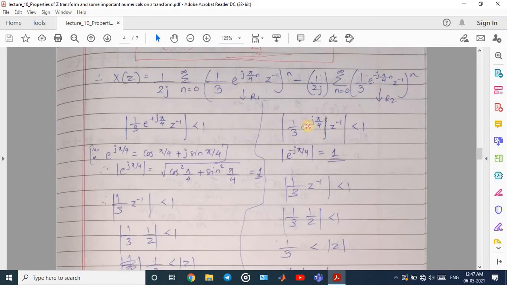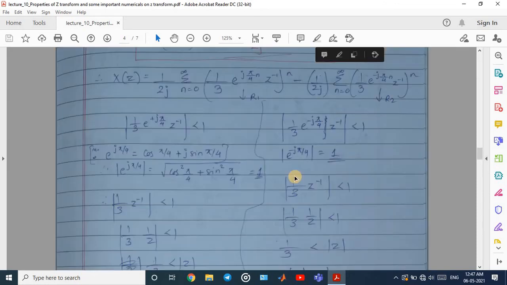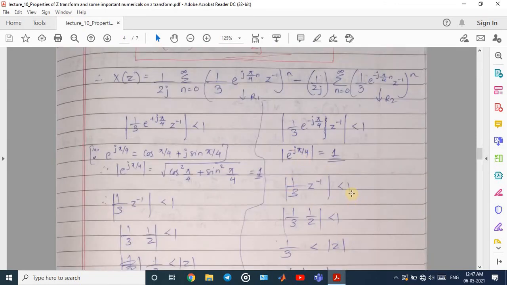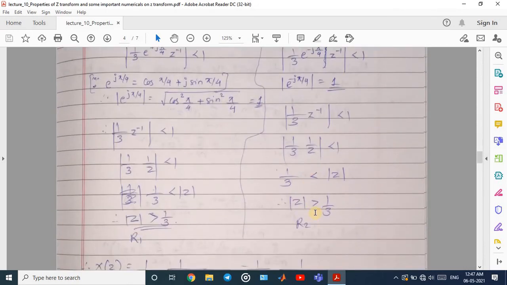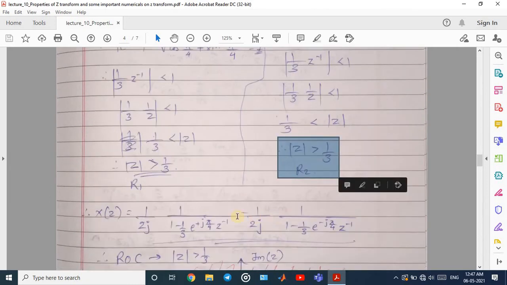So mod of this term is 1, so only 1 upon 3 and z inverse remains. So mod of 1 upon 3 and z inverse less than 1, z inverse can be written as 1 upon z, so this will become similar. So mod of z greater than 1 upon 3, and R2 is also mod of z greater than 1 upon 3. These are both ROCs.